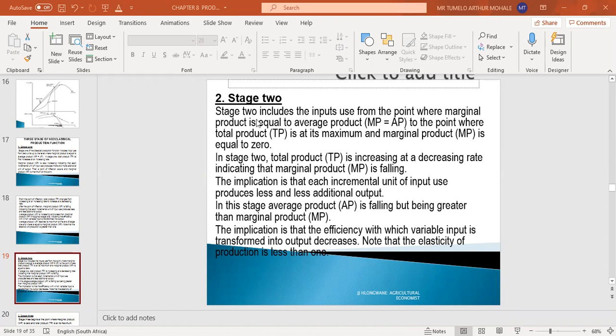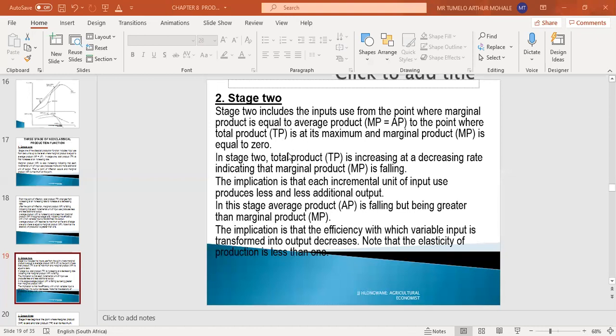In that case, it will be simpler for you because you know APP reaches its maximum towards the end of stage 1, where APP is equal to MPP, meaning that for you to get the value of X, you are going to equate the APP function and the MPP function, and then solve for X. You will get the level of X when the average physical product is at its maximum. And that will be stage 1.